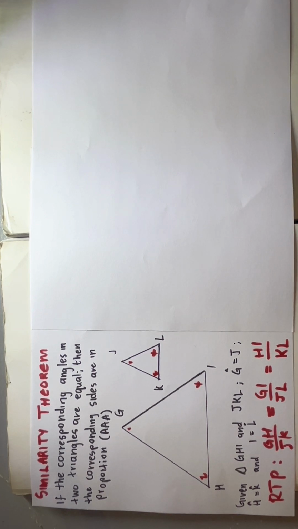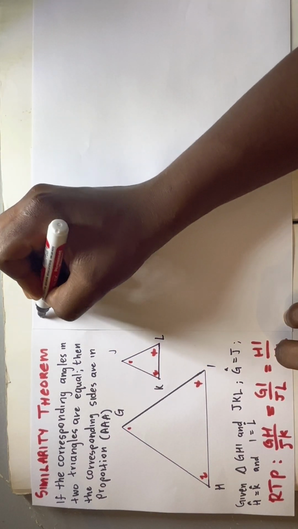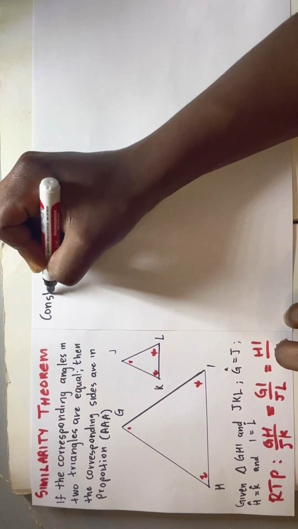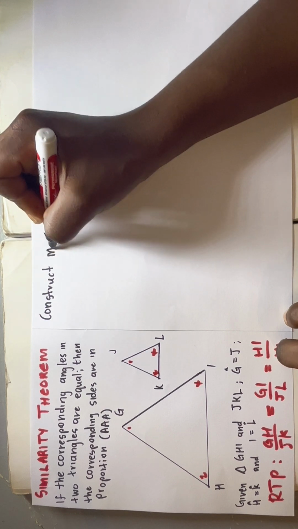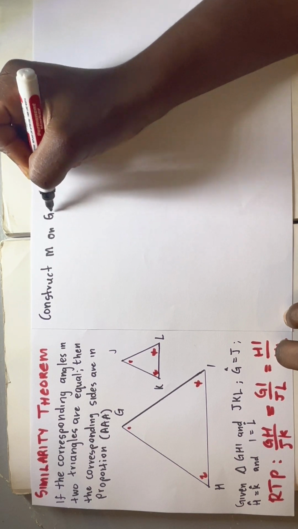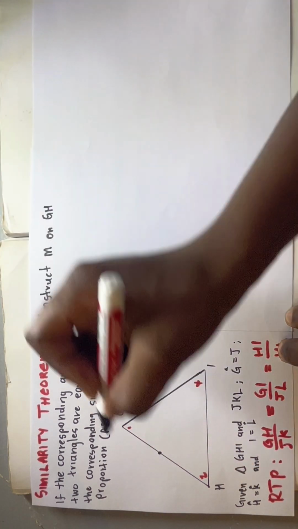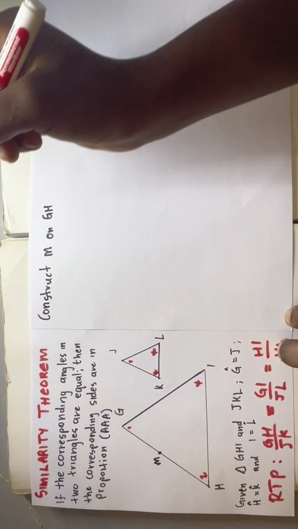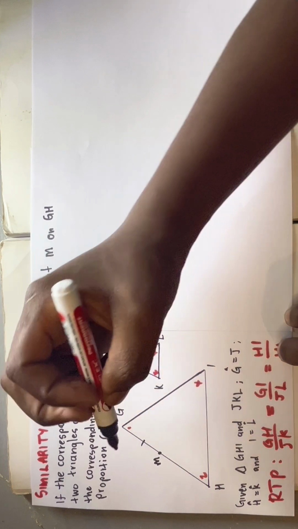So what is it that we are going to do firstly? In order for us to prove this, we are going to start by construction. We are going to construct a point M on GH, so here we are going to have our point M, such that this side is equal to this side.